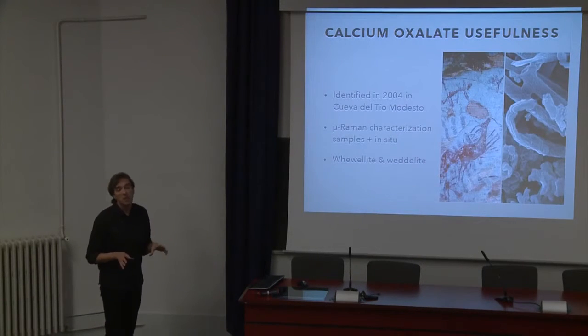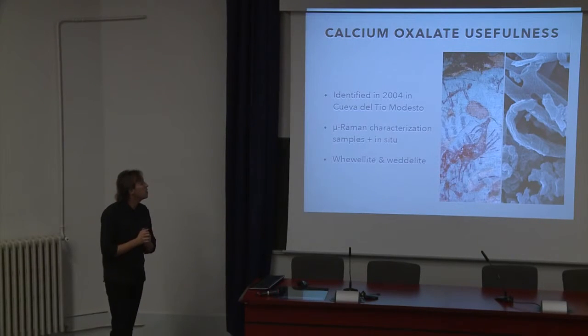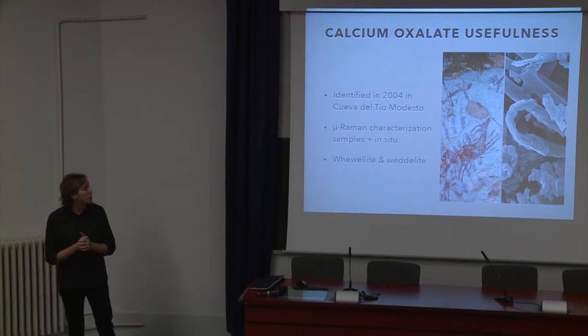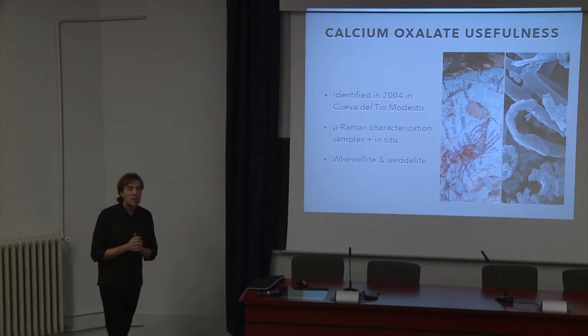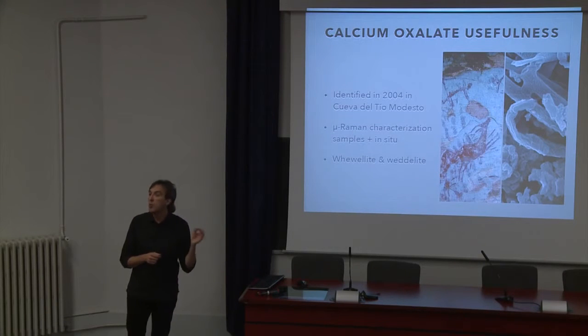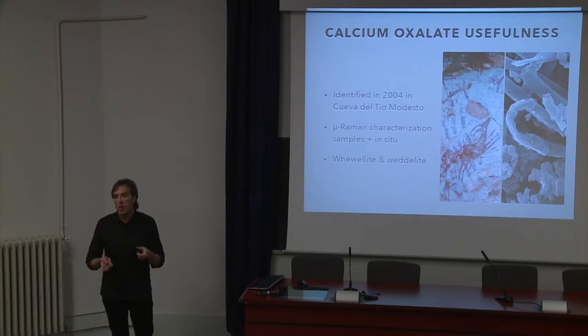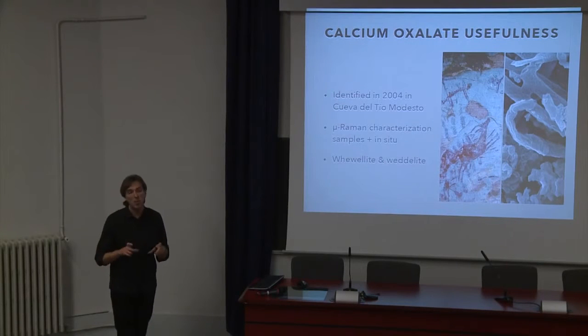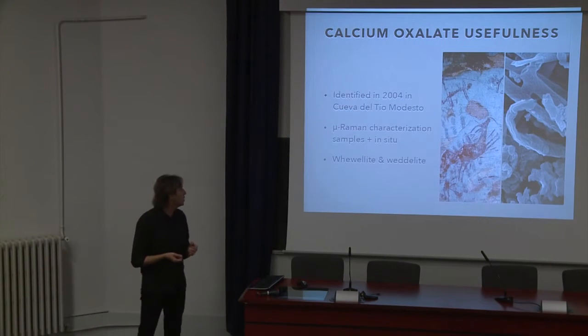We identified these coatings in Cueva del Tío Modesto in the year of 2004, and we characterized it using micro-Raman, first removing samples, and then using a portable micro-Raman to identify this kind of substance in situ.